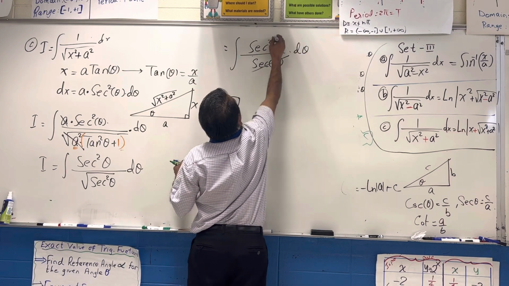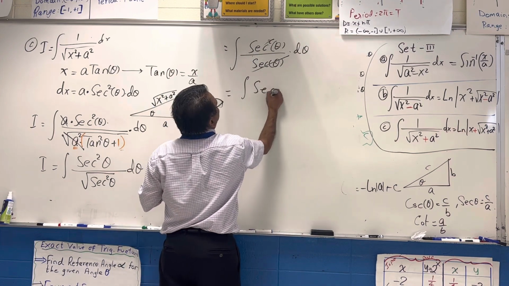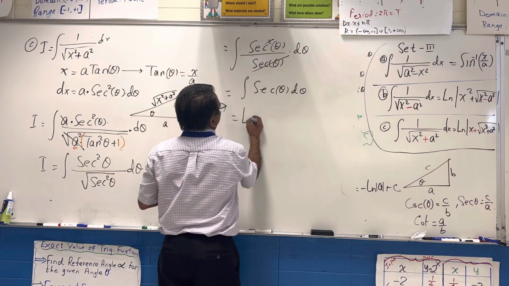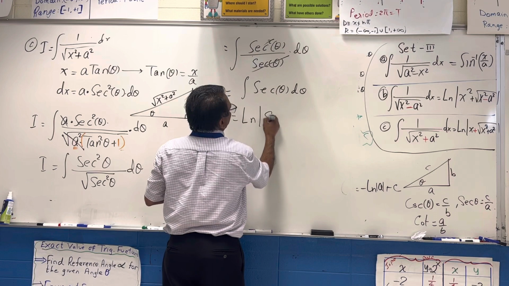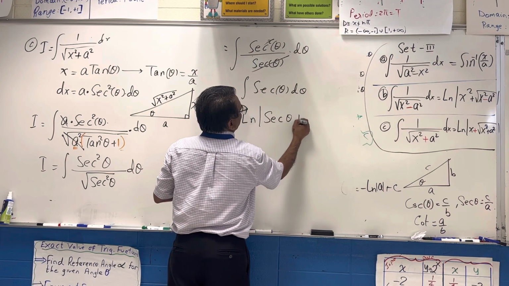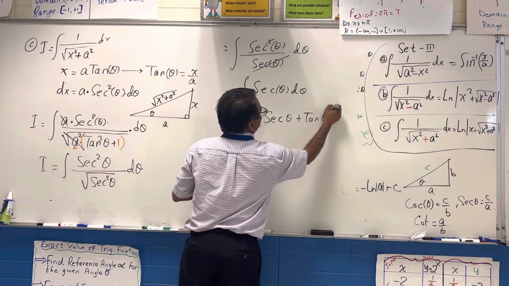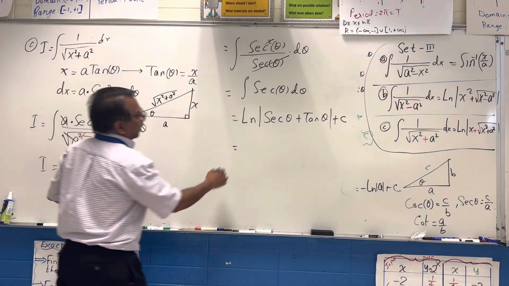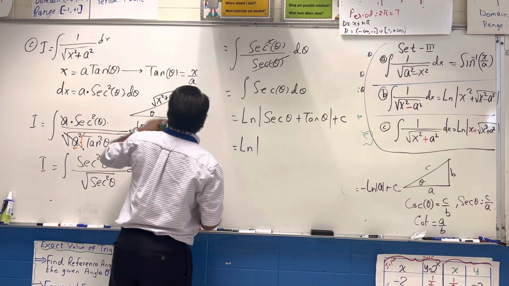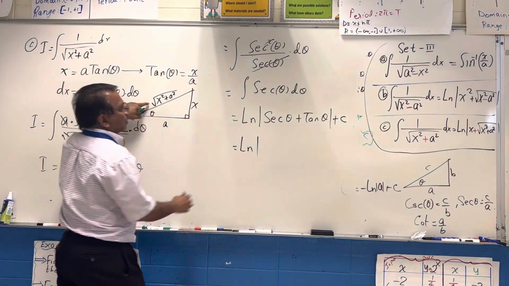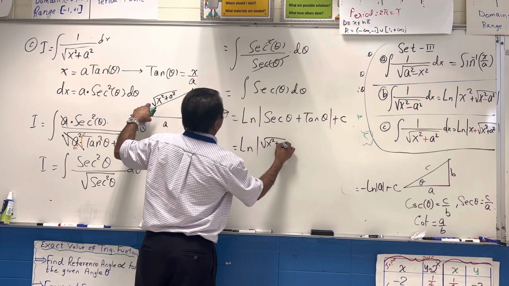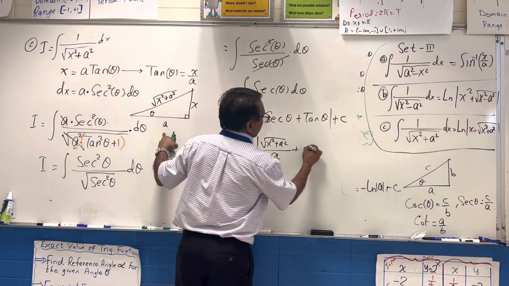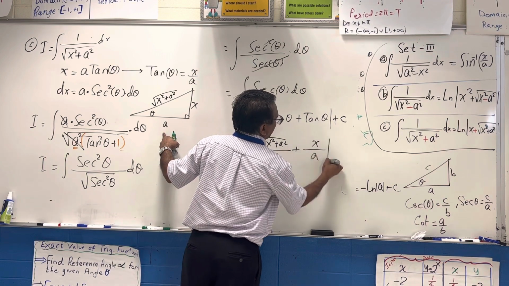Okay, and again, one of the secants goes, the integral of secant stays, and this secant integral is ln of, from the earlier formula, secant theta plus tan theta plus c. From the triangle, we replace secant as hypotenuse over adjacent, so this becomes the root of x squared plus a squared over a, and tan is opposite over adjacent, that is x over a, plus c.